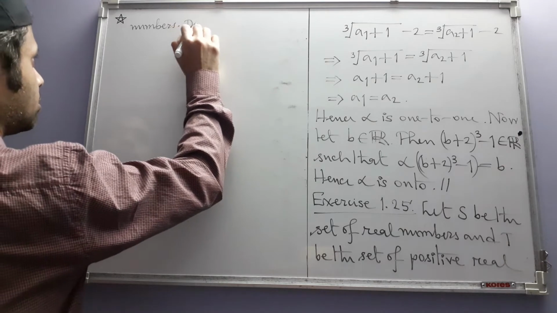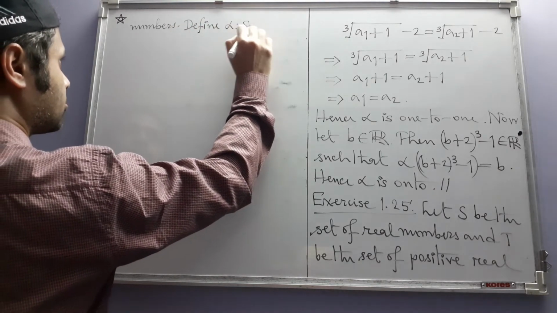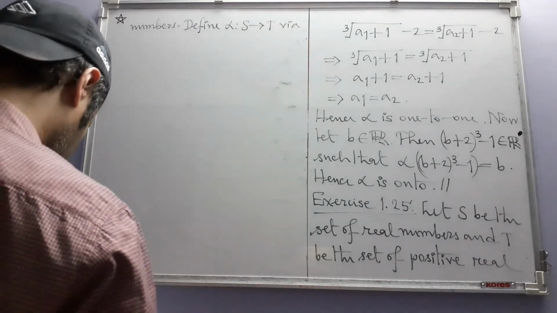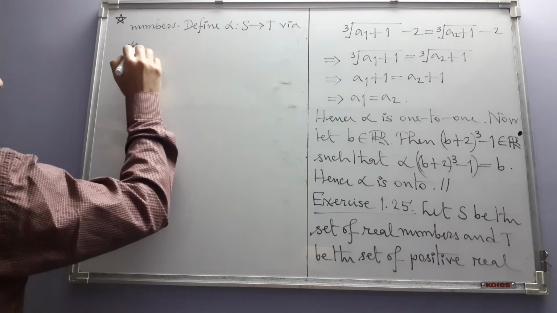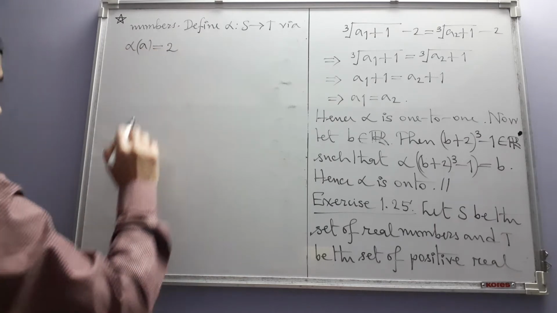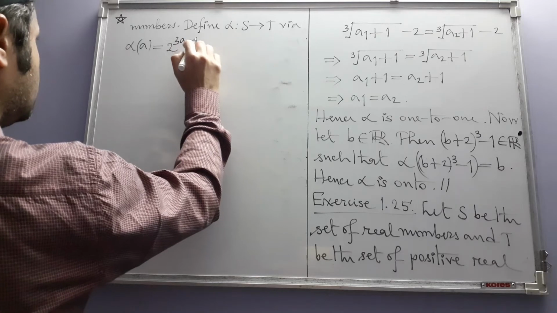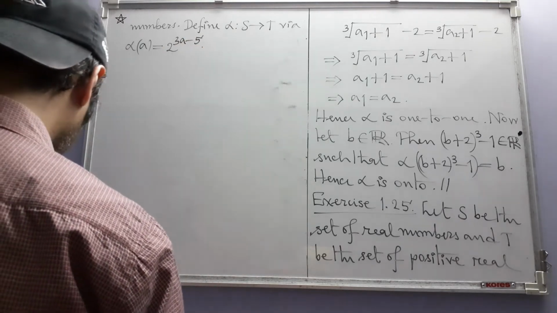Define a function alpha from S to T via this formula. Alpha of A is equal to 2 to the power 3A minus 5. Show that alpha is the bijection.